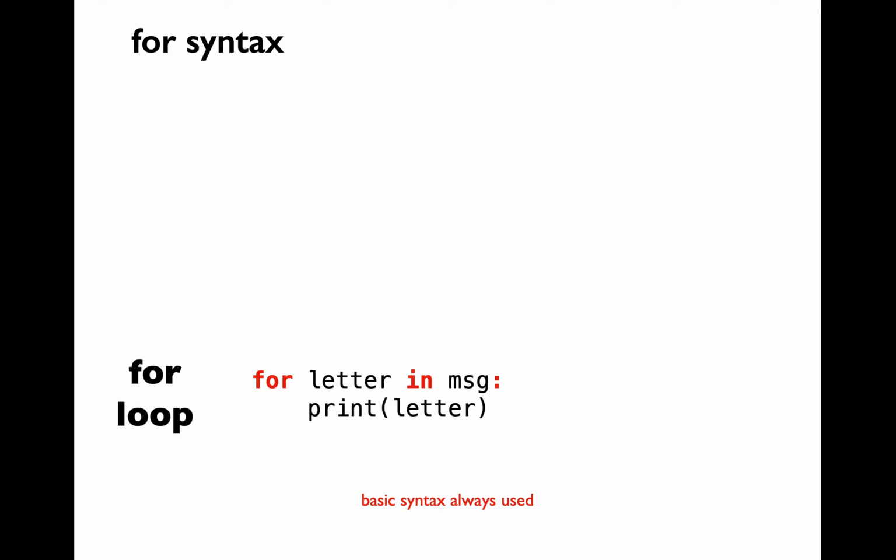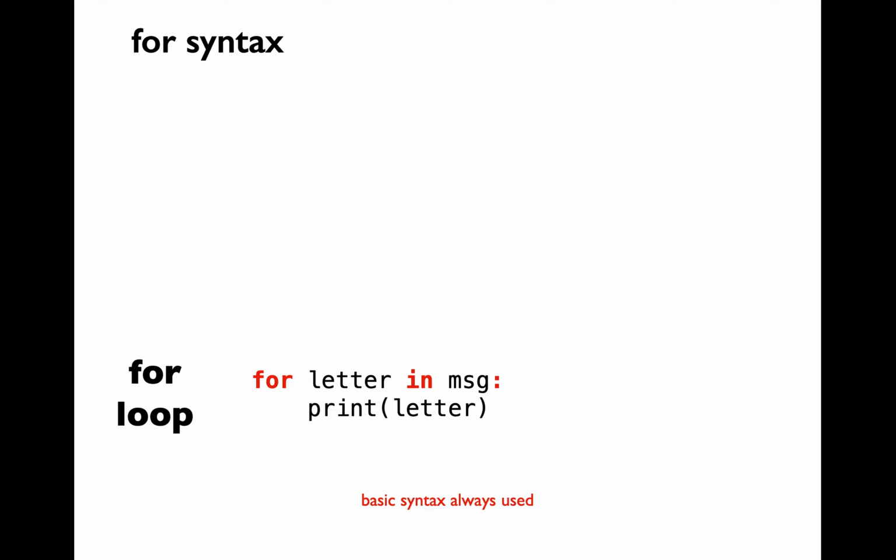So focusing on the keywords, you have two keywords in a for loop, that would be for and in, and then of course you have the final colon. Then you'll have the block of code which is going to be tab indented beneath the for loop line over here. You're going to have the variable name in between for and in as the brand new variable that you're trying to create, which is going to contain every value within your sequence.